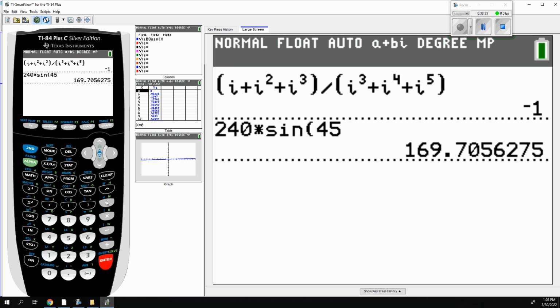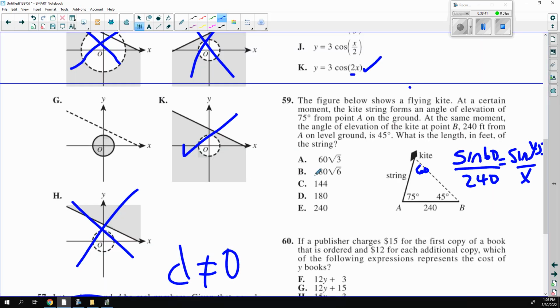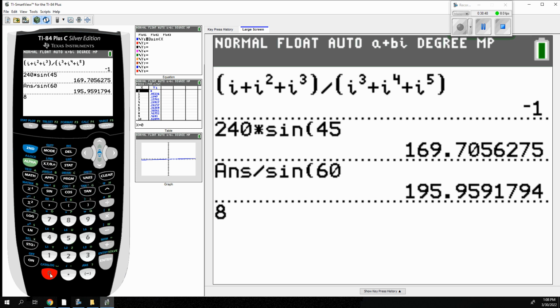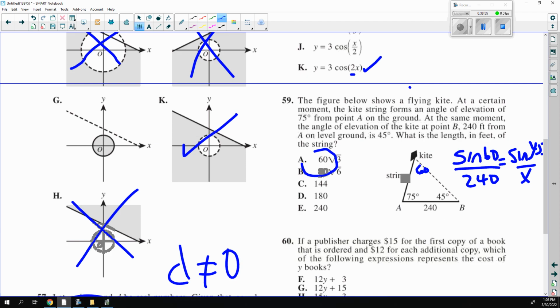And then divide by the sine of 60. And I get that answer 195, which ain't on there. It's got to be one of these radicals. So I try 80 radical 6. And that works. 80 radical 6.